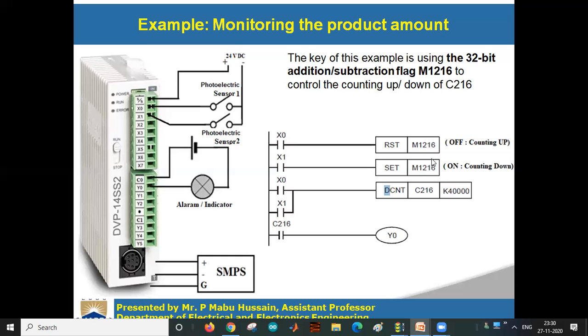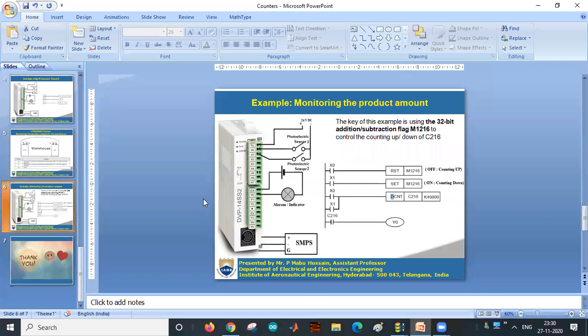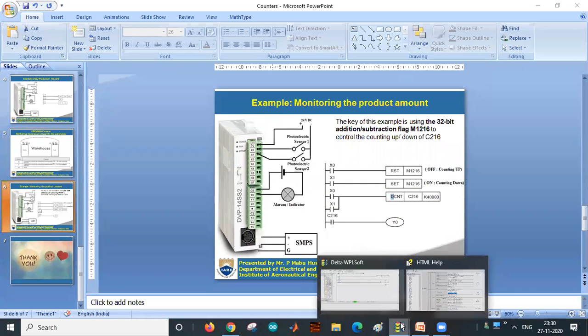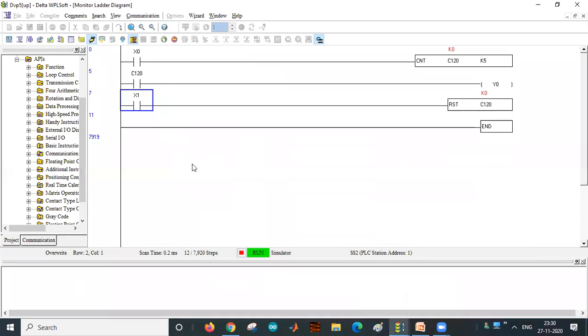When it is off, it will increment. When it is on, it will decrement. Now whenever the products inside the warehouse reach 40,000, then your output Y0 will energize, so the alarm will ring. So you write the same program here itself.